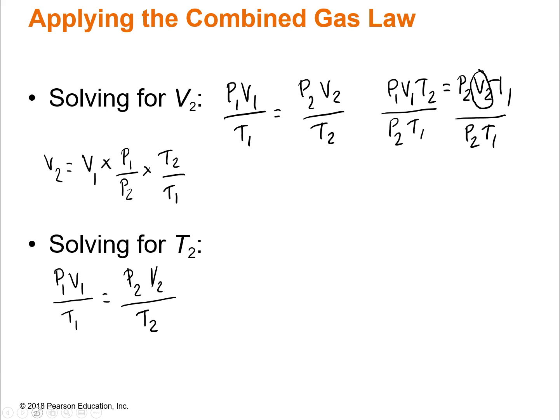Let's say this time we want to solve for T2. Instead of multiplying by something, well, we sort of are. You're dividing by P2 over V2, which looks like this.